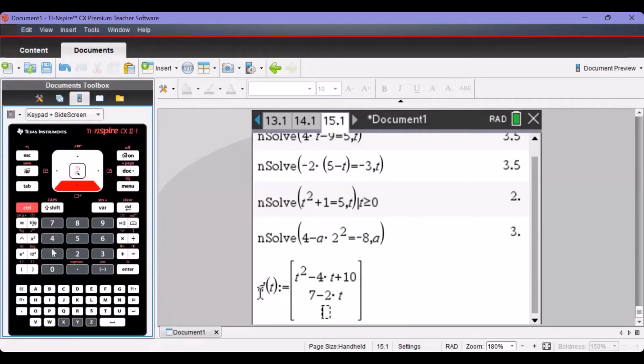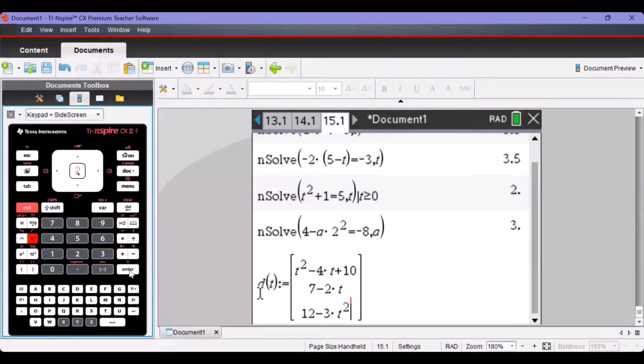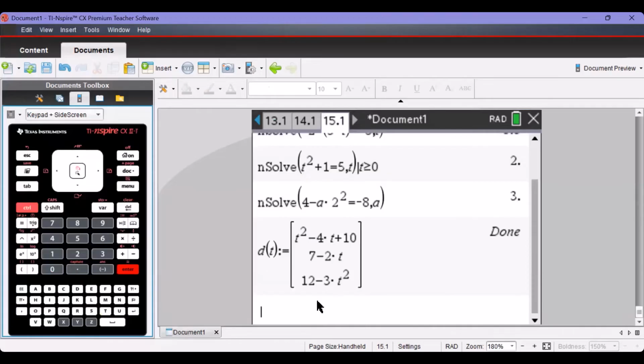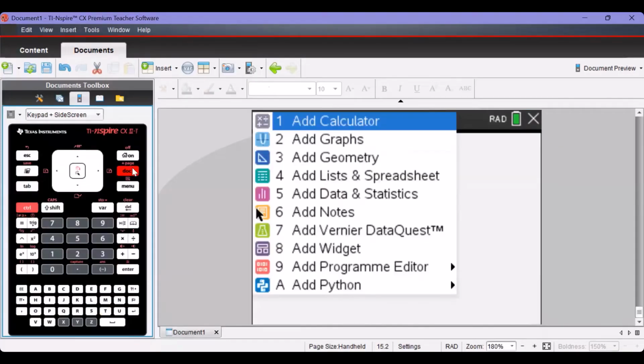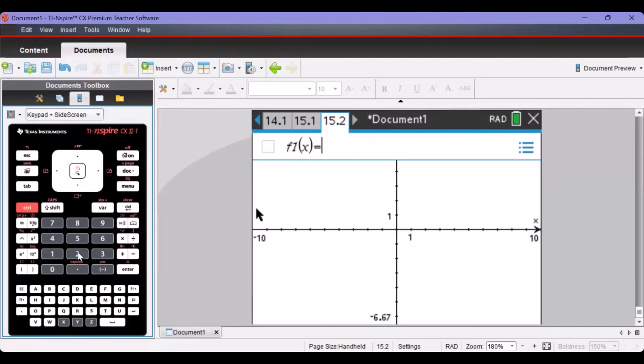And the k component, 12 minus 3 times t squared, and press enter. So that's d of t. Now the quickest way to do this is to add a graphs page. So press Control Doc and add a graphs page.